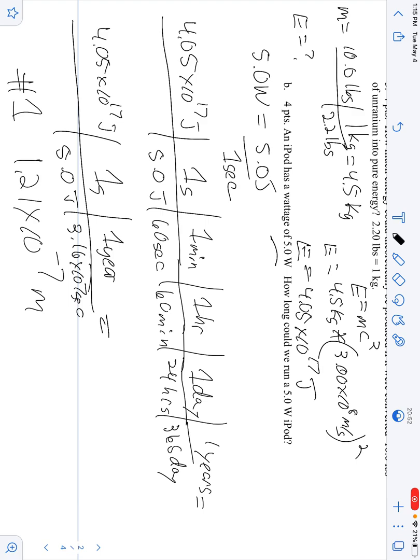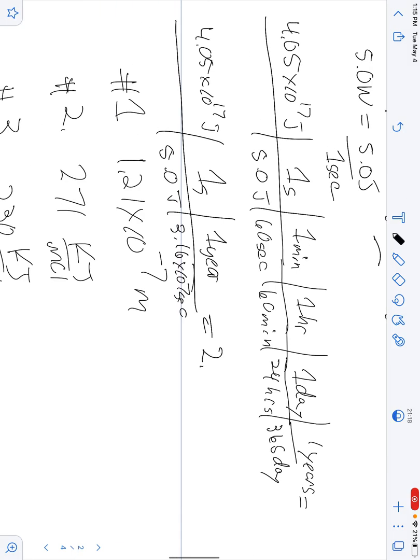So it's a lot faster doing it that way. And I get, whoop, I put that in the calculator wrong. ...0.6 times 10 to the 9th years.